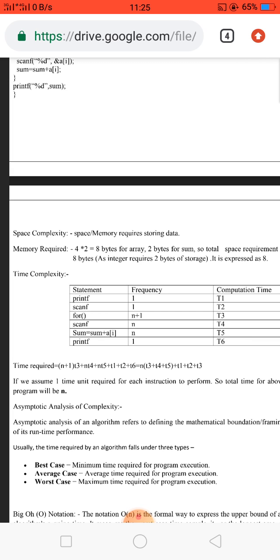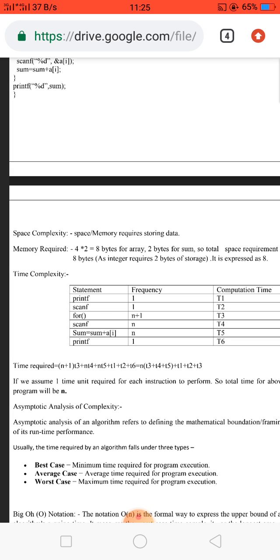We assume that every operation requires just one unit of time.